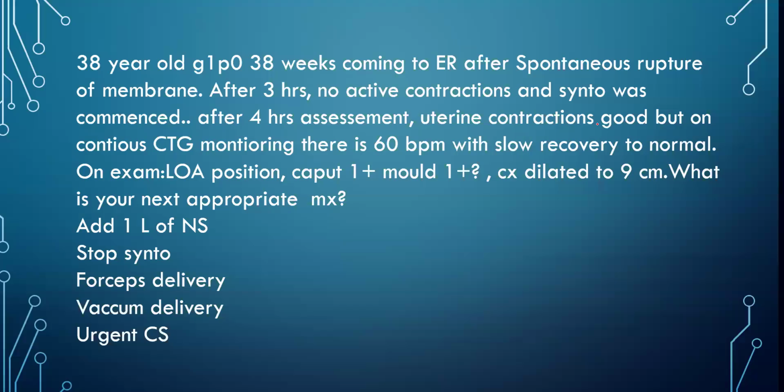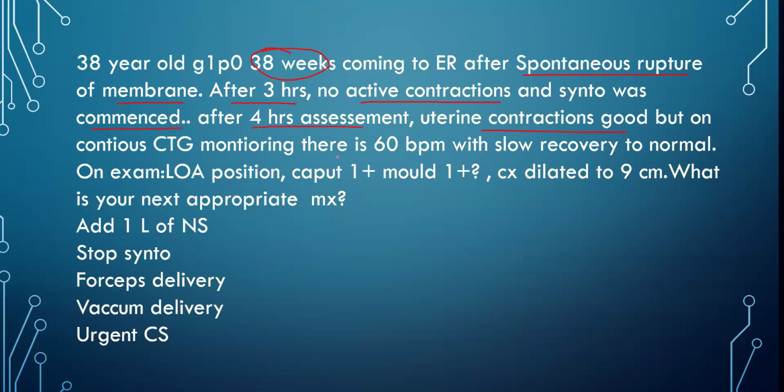Okay, let's do some practice questions, guys. Let's see how much you learned. A 38-year-old, gravida 1, para 0, 38 weeks pregnant, comes to the emergency after a spontaneous rupture of membrane. After 3 hours, no active contraction, syntocinon was given. After 4 hours, assessment shows uterine contraction is good.